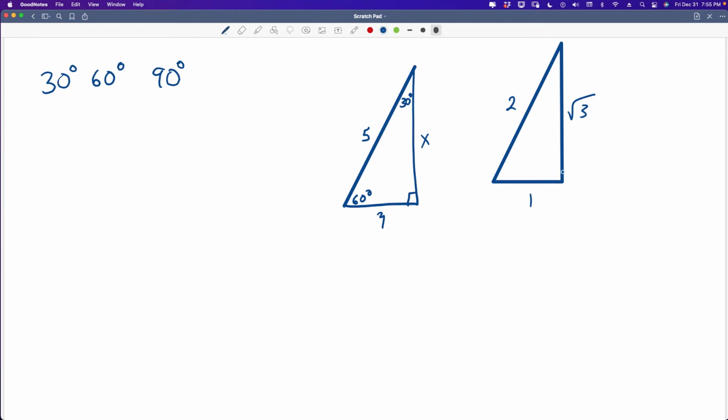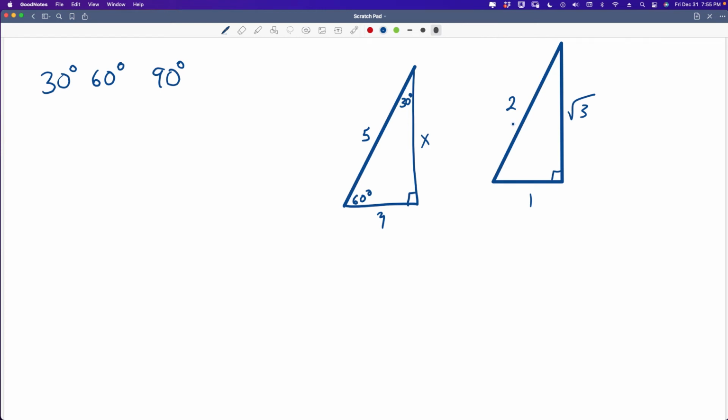This is something that's going to help you on the ACT as well. You're going to be given similar triangles at some point, and if you memorize the 30, 60, 90 similar triangle scale, then you will be able to find the measures that are missing on a 30, 60, 90 triangle. Okay, so we know in this similar triangle that 2 and 5 are our relative numbers, right?